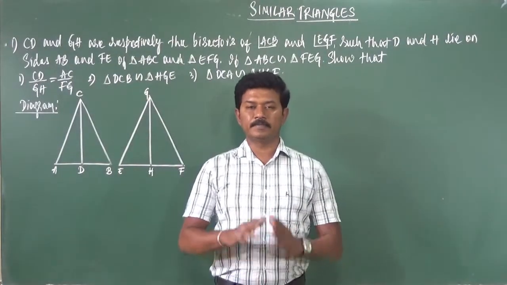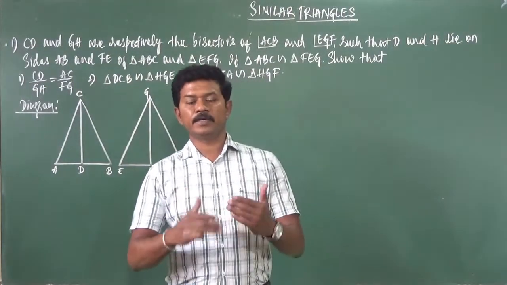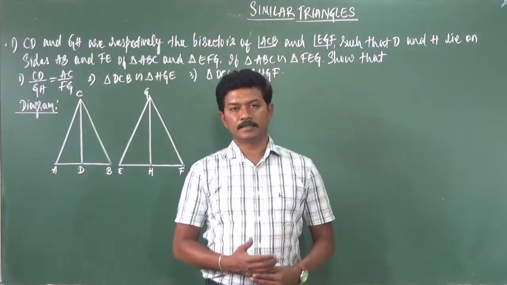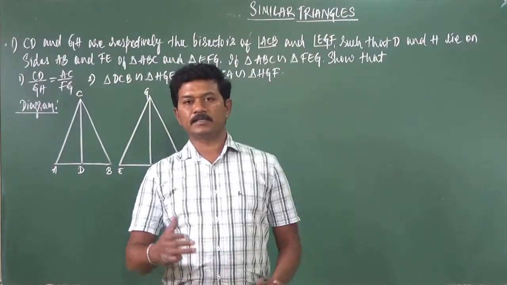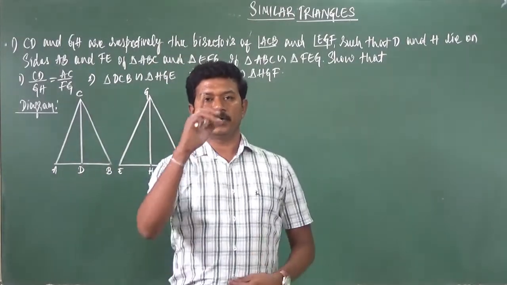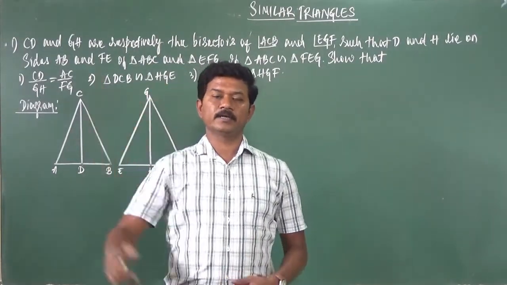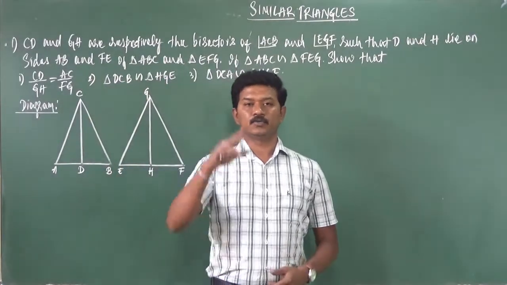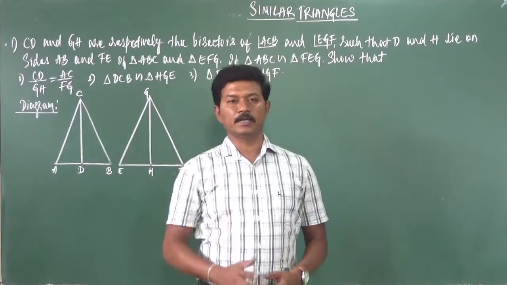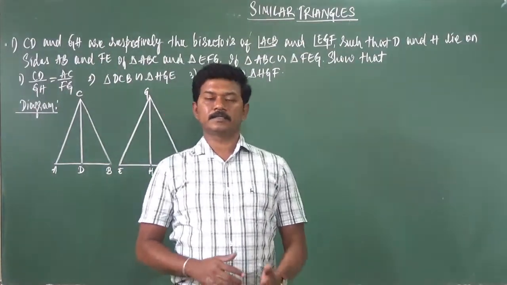Apart from these things, before entering into today's session, we have to remember the SAS criterion and the SSS criterion. According to SAS criterion, if one angle of one triangle is equal to one angle of the other triangle and the two sides including both the angles are proportional, then the triangles are said to be similar.